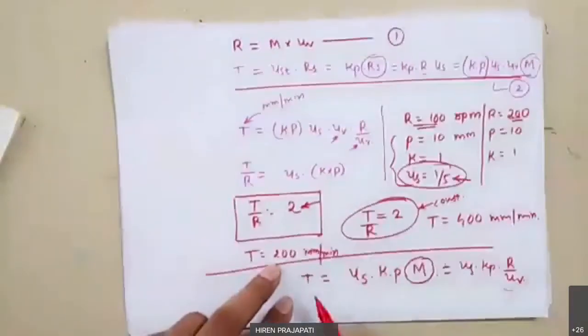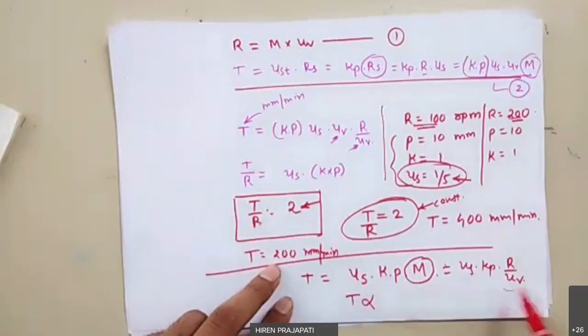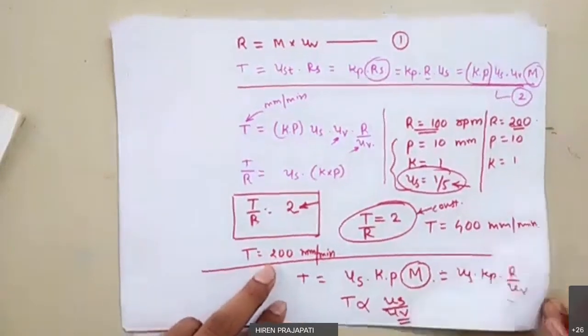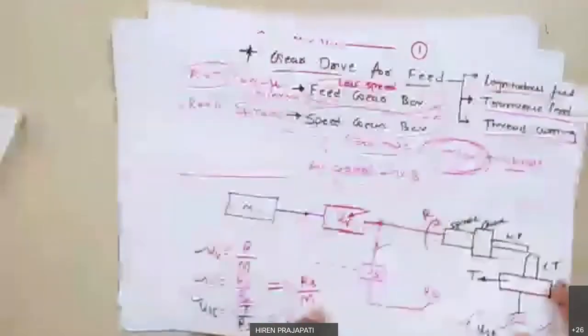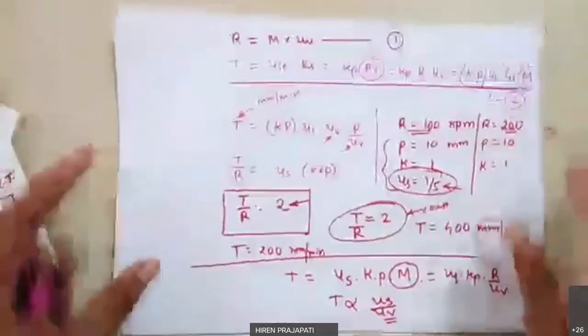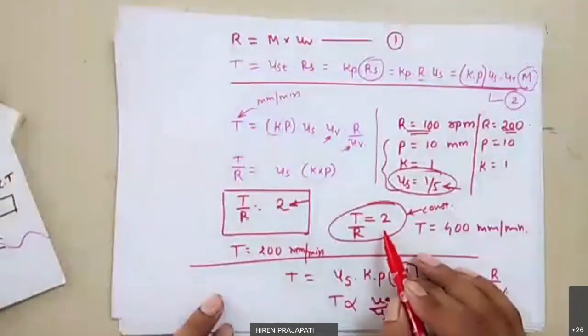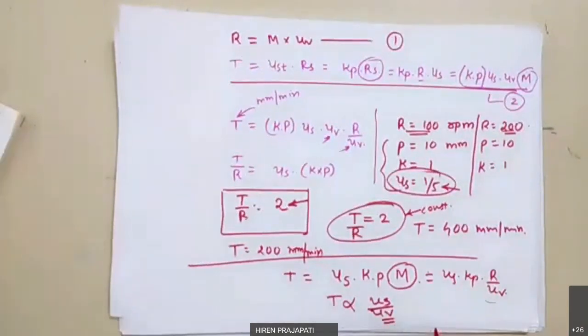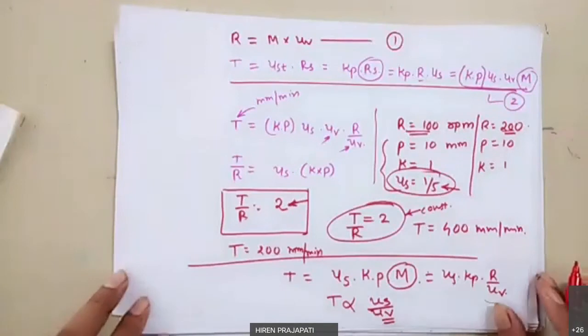So now T is depending on US as well as UV both. Means if you now change RPM from 100 to 200, then your T by R ratio will not remain 2. That will change because UV is changed. I hope it is clear.